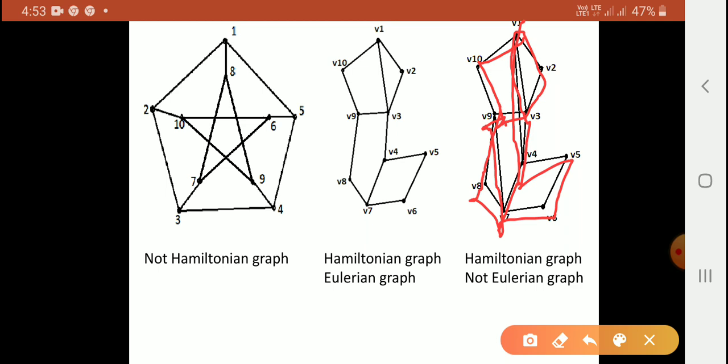So one edge will remain. Therefore, this is not an Eulerian graph, but it covers all the vertices of the graph.